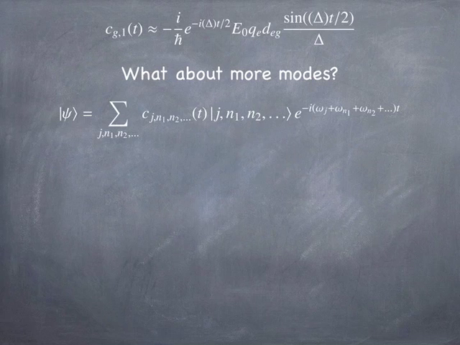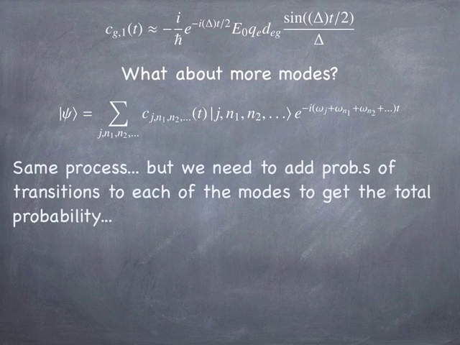So this is a very large space of states, and the question is, what happens when we repeat the same procedure? We can basically go through the same process, but what we need to do is to calculate the probability of each of these different modes being populated, and that's going to depend on the number of photons in the modes to begin with, and the number of photons we're interested in being in the modes at the end.